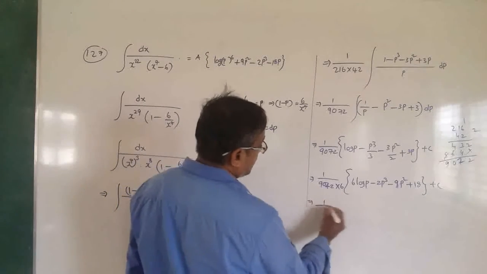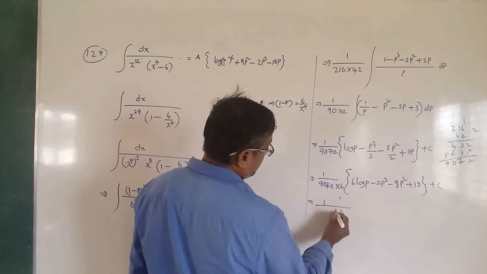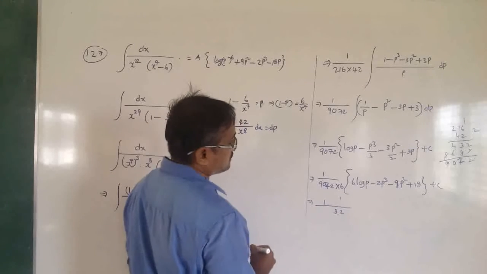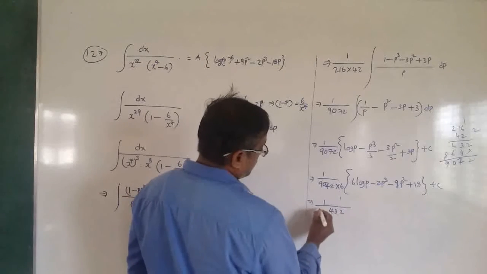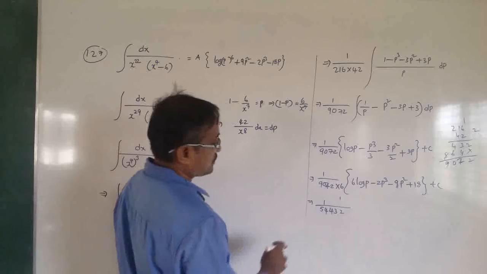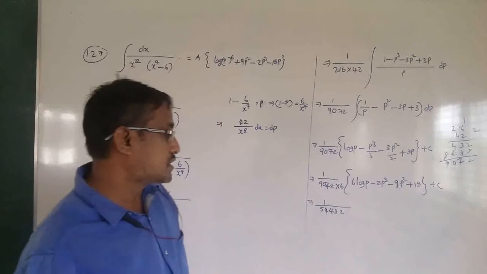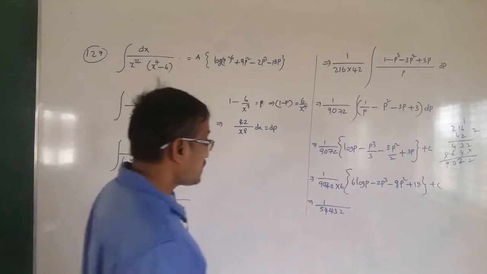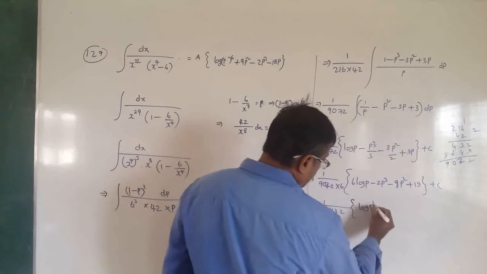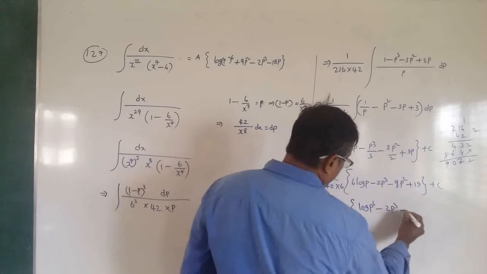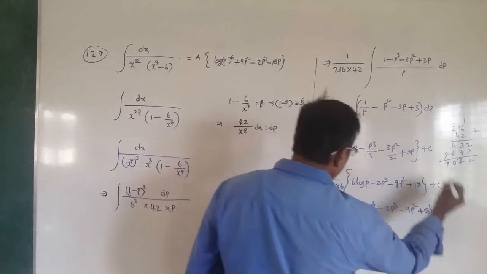So 1 by 6, 2s are 12, 6 7s are 42 plus 1 is 43, 4 54. So 1 by 54,432 into log p power 6 minus 2p cube minus 9p square plus 18p plus c.